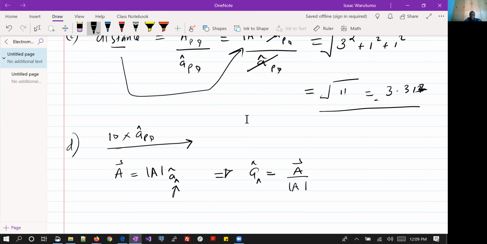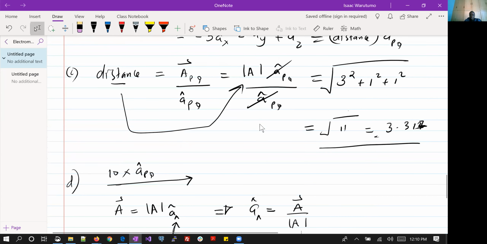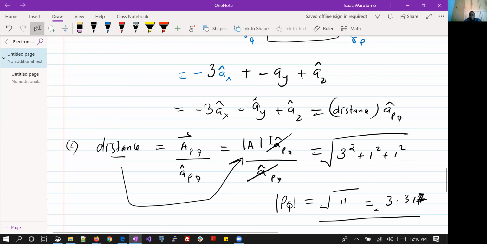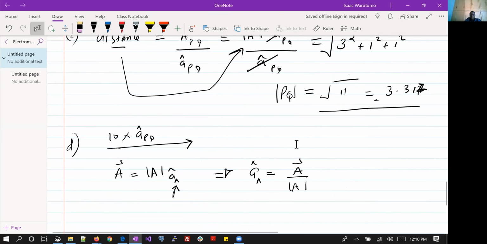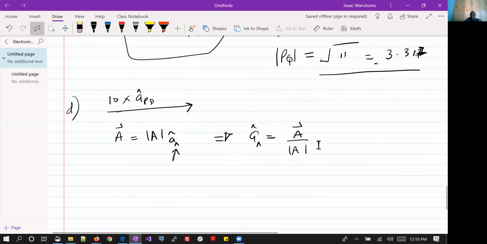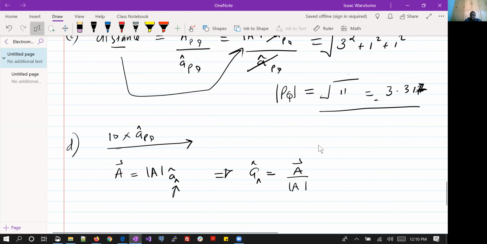In the previous step, we found that our PQ magnitude was 3.317. We are taking this to be A, so A becomes my PQ.